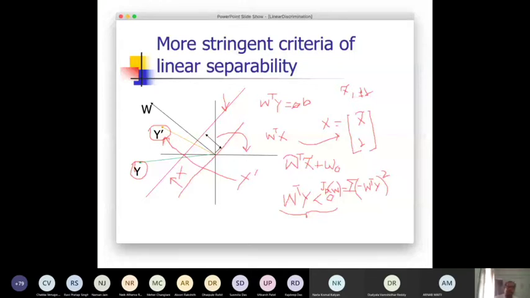Which means, what is the distance of origin to this hyperplane? So what should be the distance of origin with respect to this hyperplane? Anyone?